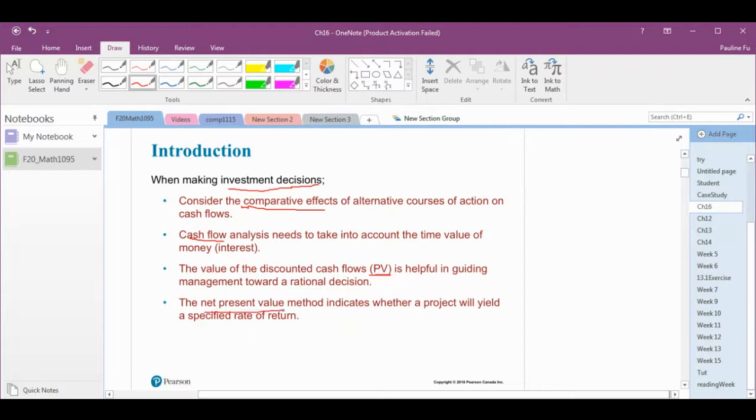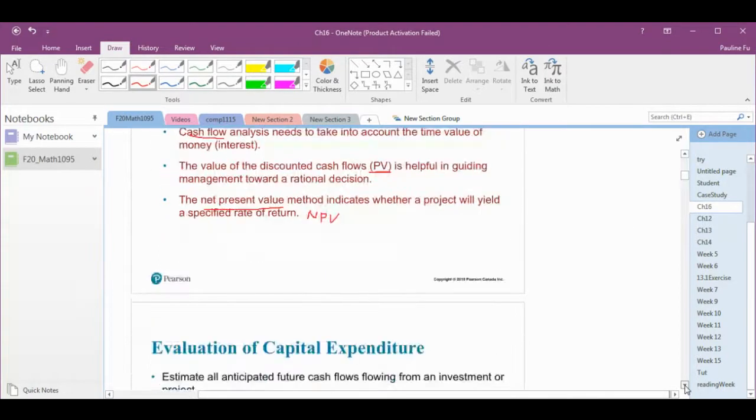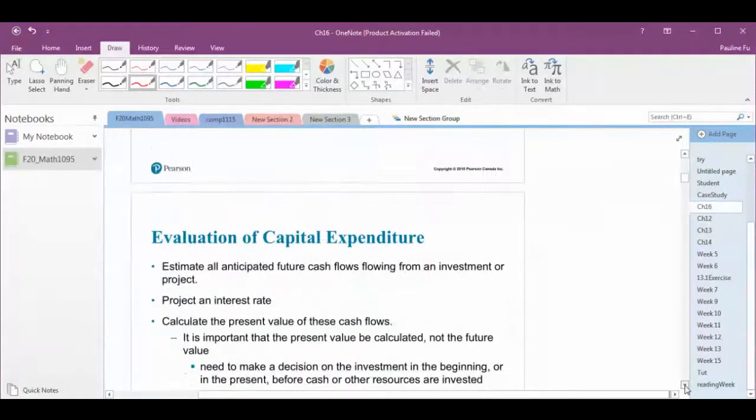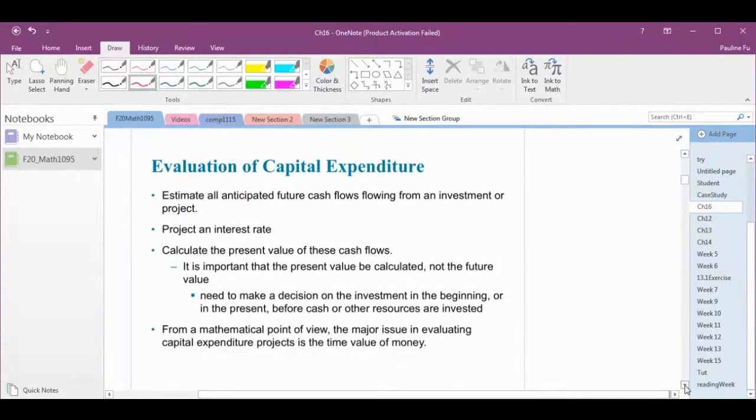The net present value method, NPV, indicates whether a project will yield a specified rate of return. So those are some concepts. When you evaluate capital expenditure, you need to estimate all future cash flows.